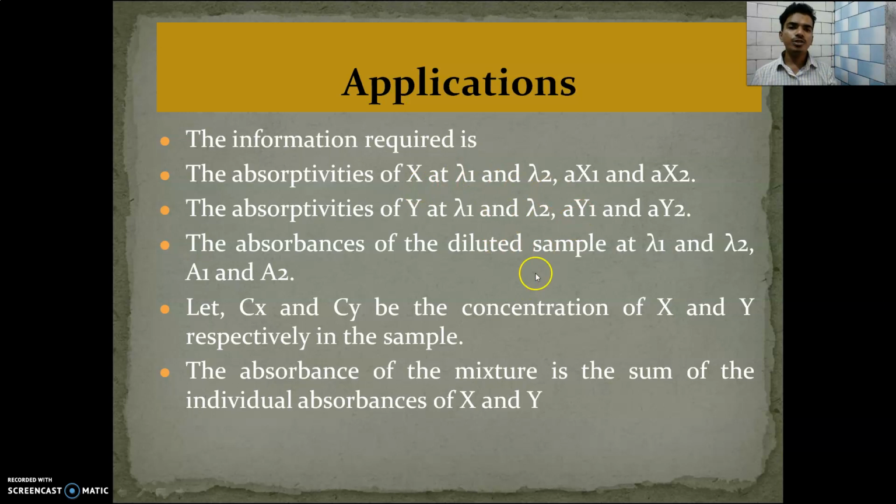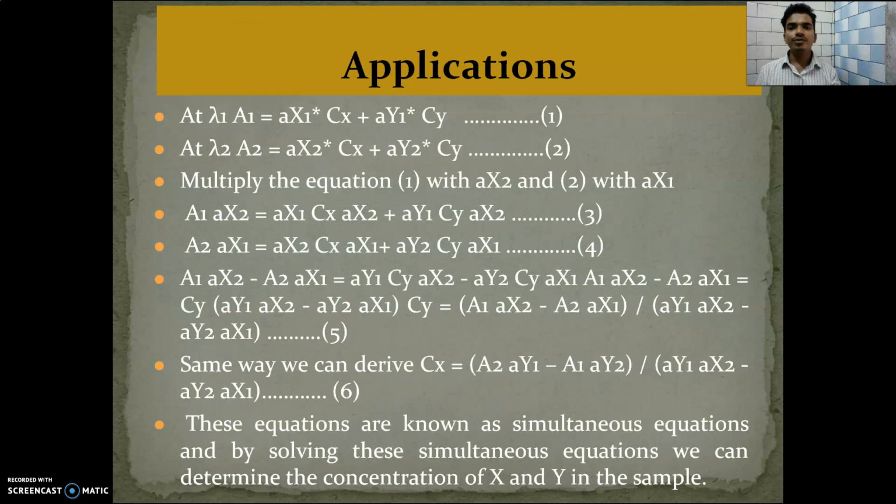And the absorbance of the diluted sample is Y1 and Y2, for A1 and A2. According to that we will get the concentrations CX and CY for X and Y respectively in the sample, and the absorbance of the mixture is the sum of the individual absorbances of X and Y. So we put all those values into equations 1 and 2, and by multiplying we get equations 3 and 4.